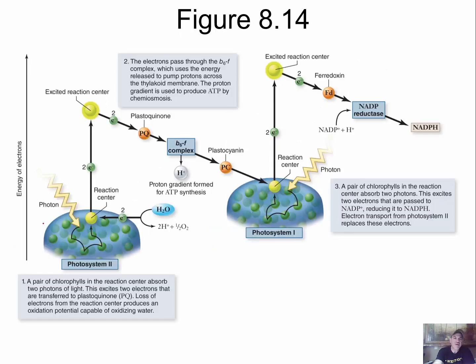I want to encourage you as a student to sketch this diagram, label it, and then practice explaining or writing about it. Either explain it to someone else using all the key terms like photon and electrons, the names of the photosystems, and some of the carriers along the way.